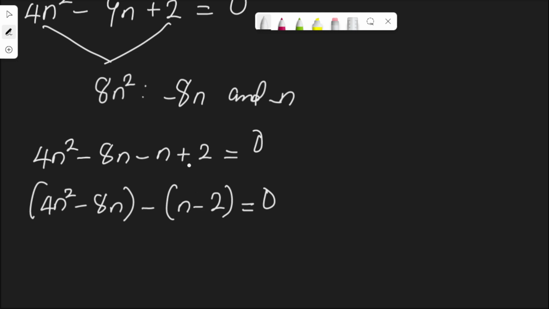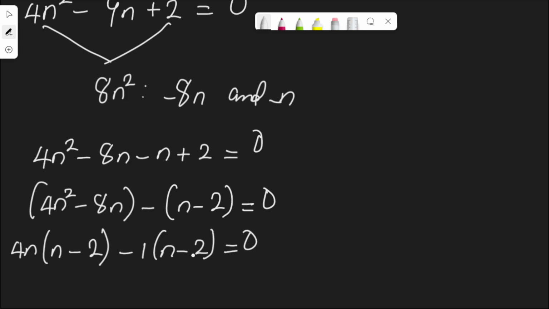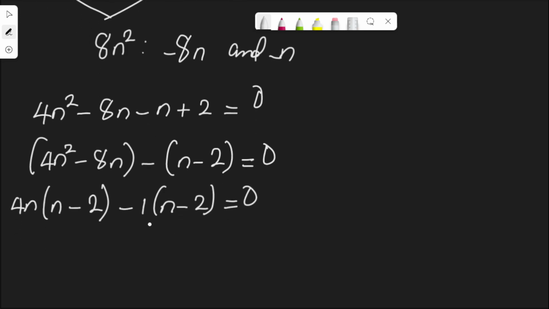Notice that this plus has changed to minus because of the bracket we introduced. Now what is common here? 4n is common. When this is divided by 4n, we are left with only n. And when this is divided by 4n, we are left with 2. Minus, the only thing that is common here is 1. Then n minus 2 equal to 0.